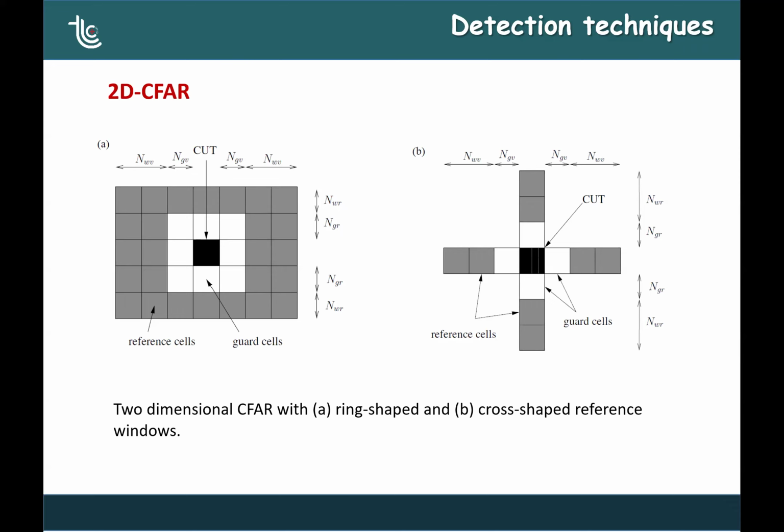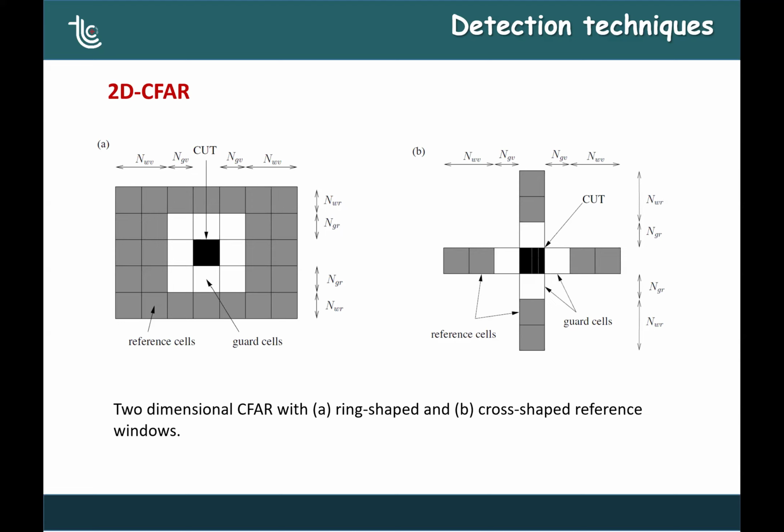These are the guard cells. I will explain why we use these guard cells. These guard cells are not used for estimating the noise power. Then we have the reference cells that are used for estimating the unknown noise power. This is two-dimensional, so we use a rectangle or a square around the cell under test.